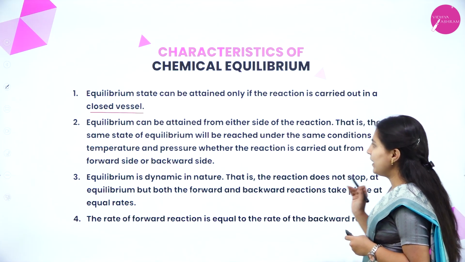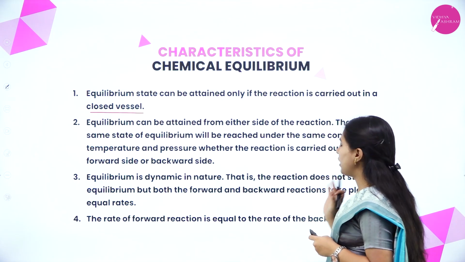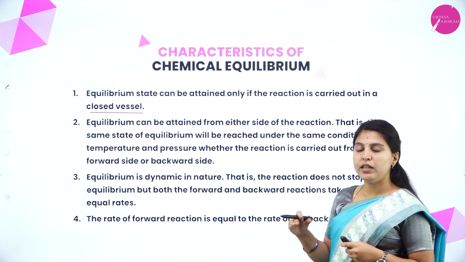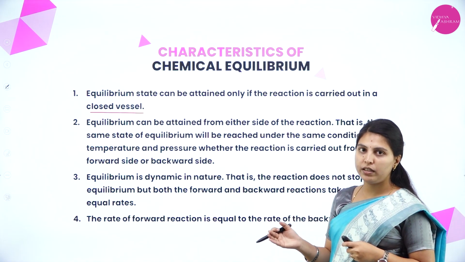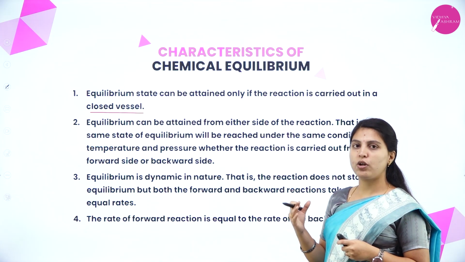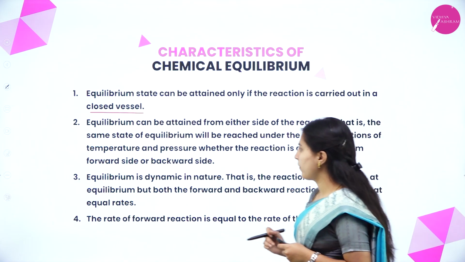That is, the same state of equilibrium will be reached under the same conditions of temperature and pressure. After attaining equilibrium, what will happen? From the backward direction or from the forward direction, under the same conditions, that is temperature or pressure, the reactant side and the product side will be the same.